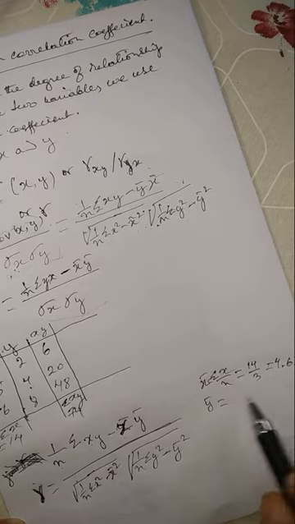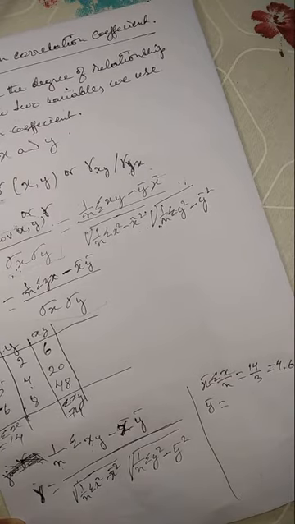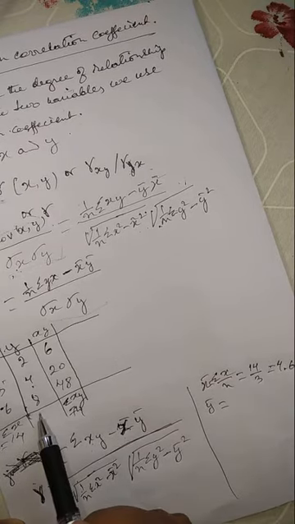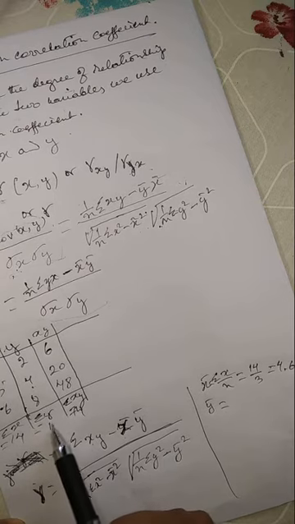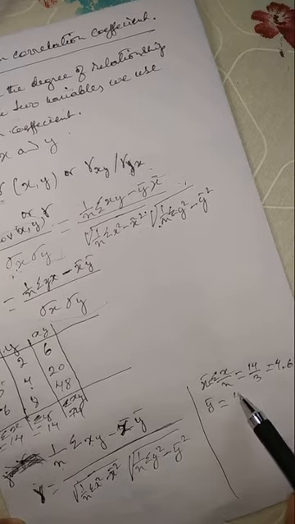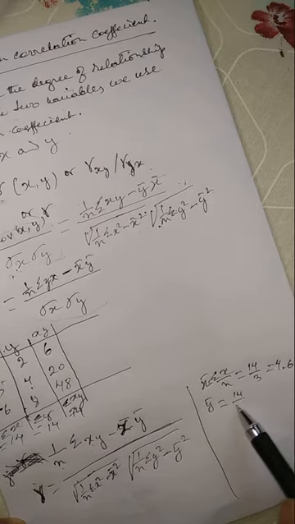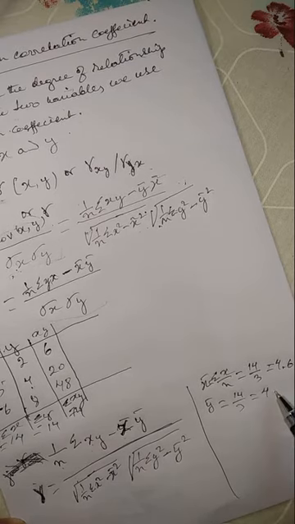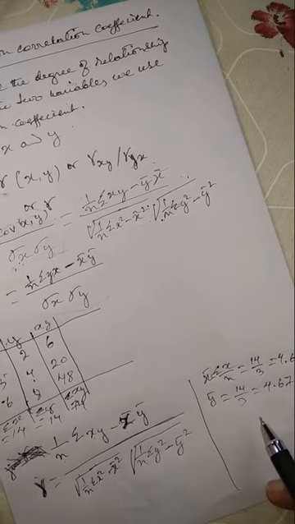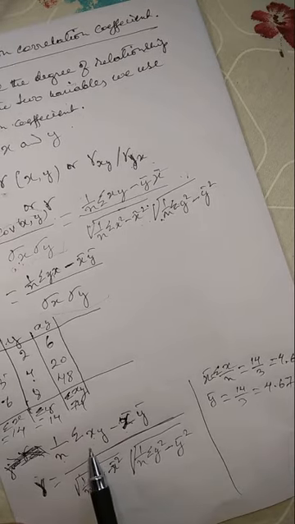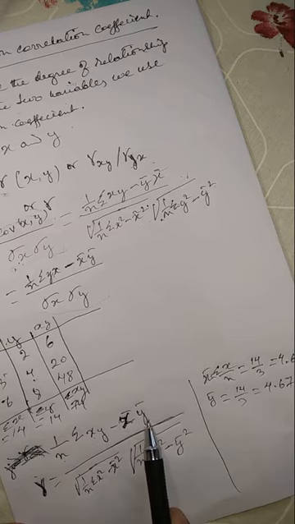Okay, y bar, which is equal to summation y, equal to 14 again. 14 by 3, which is again equal to 4.67. Okay, now we got summation xy, x bar, y bar.